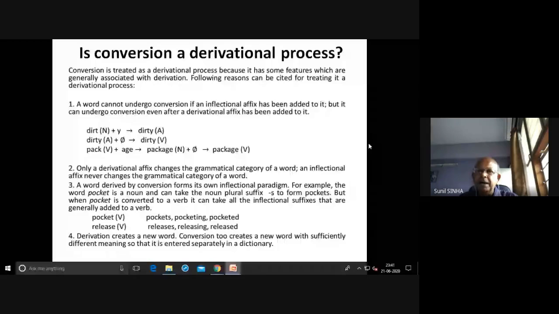Now, what is the meaning of paradigm? Paradigm means system, inflectional system. Now, what is the inflectional system of verb?